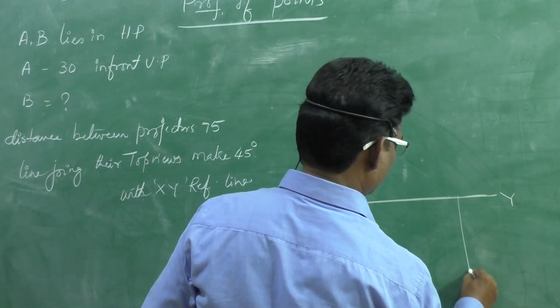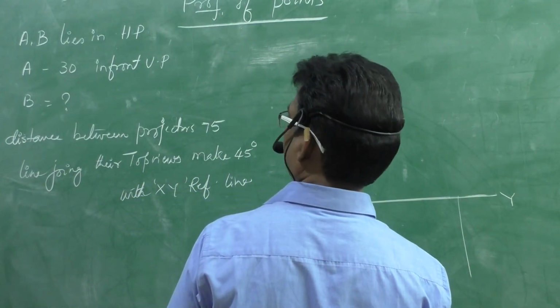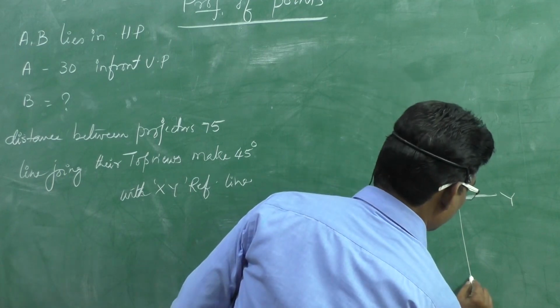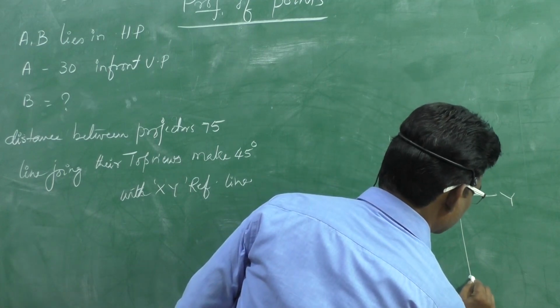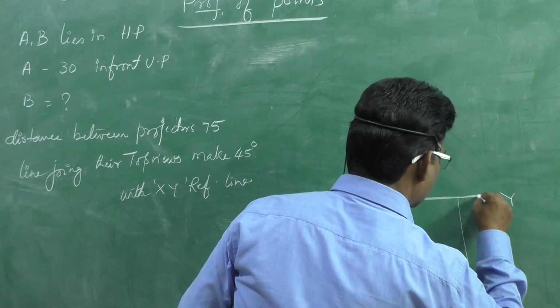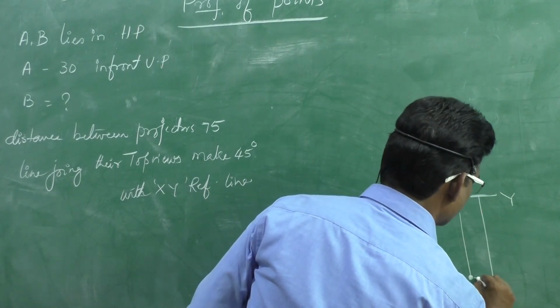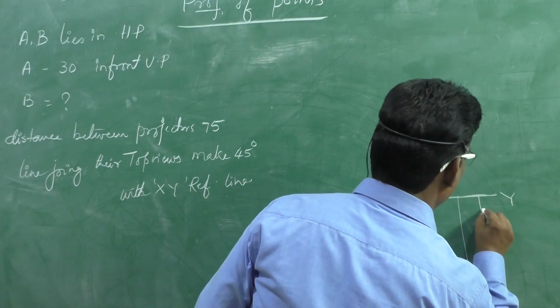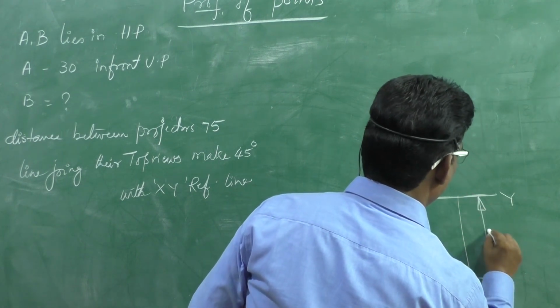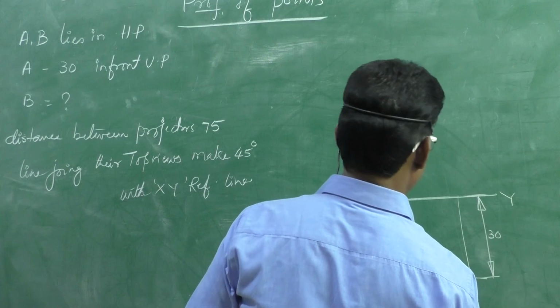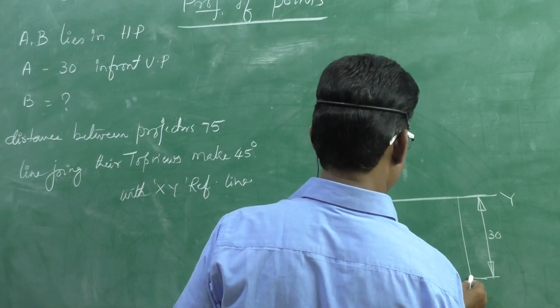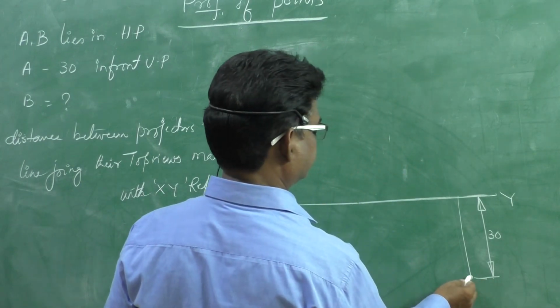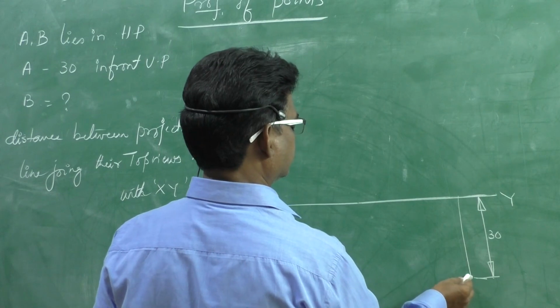Therefore, draw a projector and locate A at a distance of 30 mm. Next, from here you can draw a 45 degrees line.